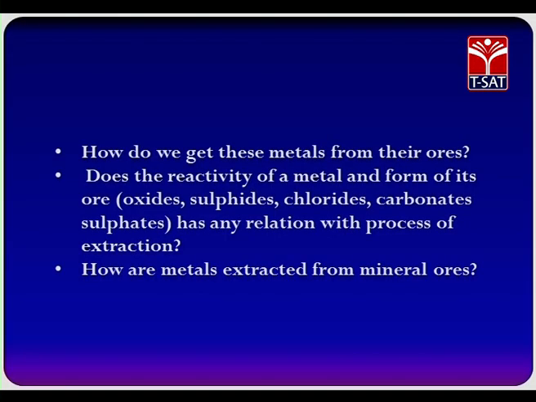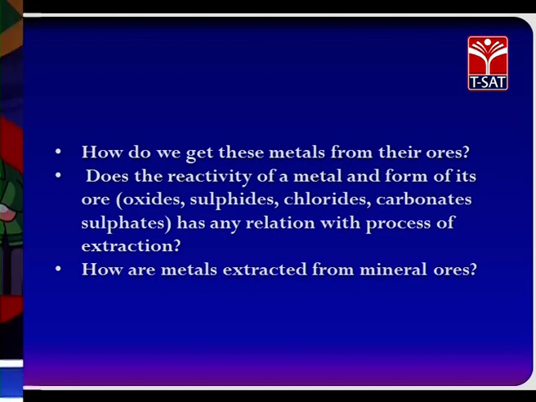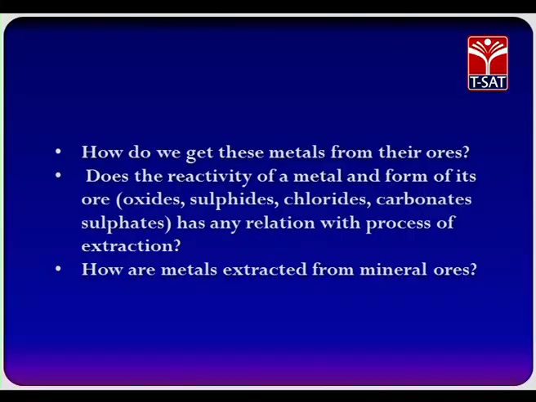Yes. Depending upon the impurity present along with the metal, we have a process of extraction of the metals. How are the metals extracted from the mineral ores? As I told you, depending upon the type of impurity, we select a process of extraction of these metals.